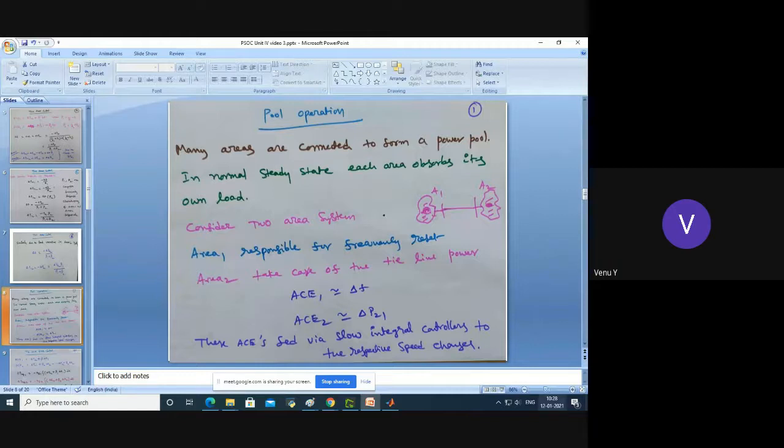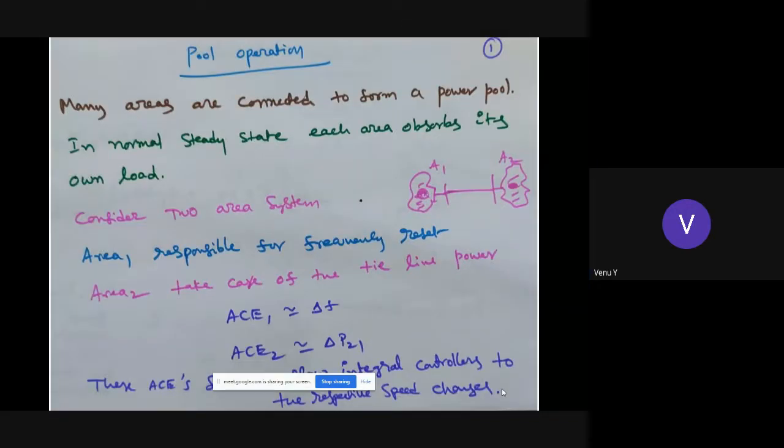For that, let us extend our discussion to pool operation. Pool means power pool. Power pool means a number of areas are connected together to form a single grid. Already discussed in the beginning. Our nation is separated into 5 grids.